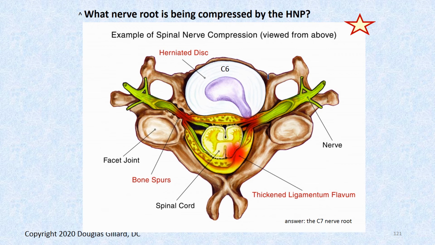So this is C7 probably below here. So that's the C7 nerve root. And there's a picture of a herniation. The annulus fibrosus is ripped right through, and the nuclear material is pushing out right into those motor roots, causing a lot of pain.